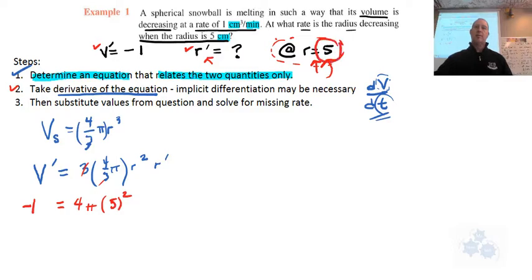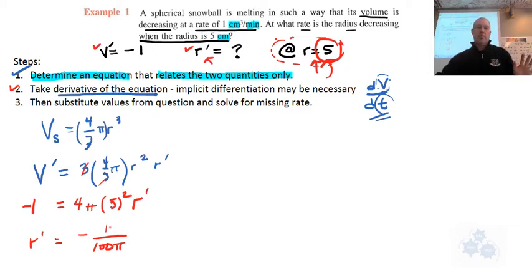See that? Okay, r is 5 times r prime. So r prime is -1 over 4 times 25, that is 100 pi. That's what r prime is.